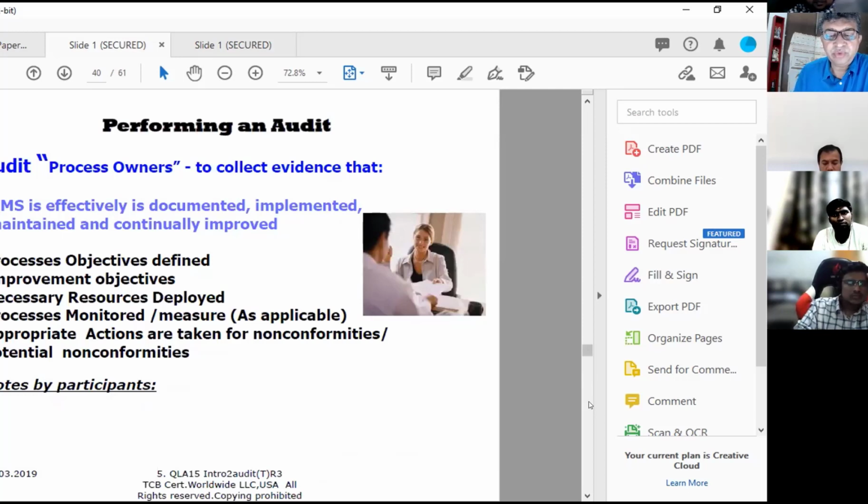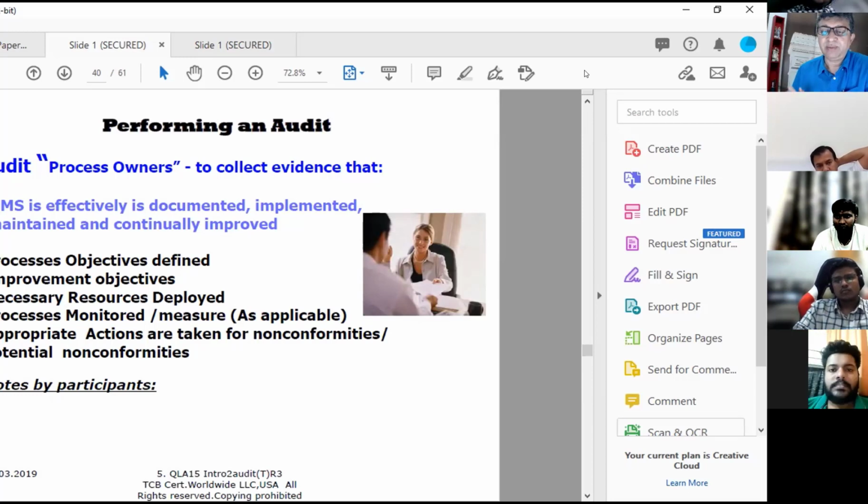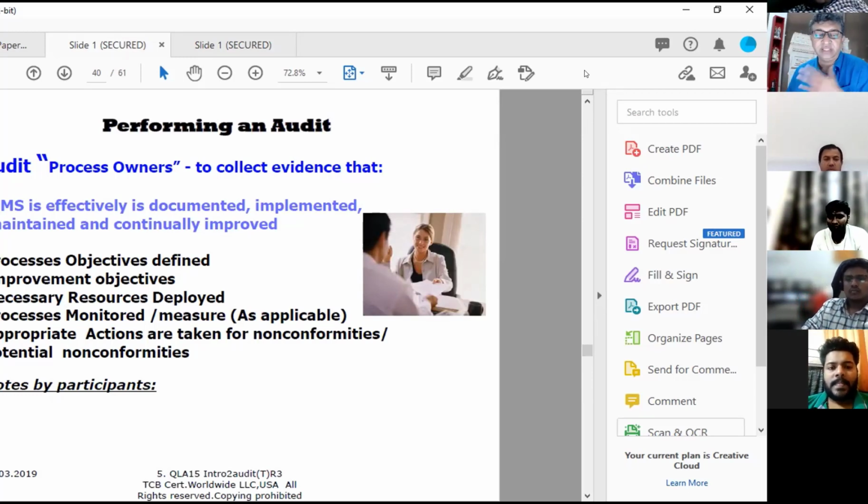When we are performing an audit, we have to perform it with the process owner. For example, Abdul, you are responsible for, say, the stimulation service. You know the ins and outs of it. So for the stimulation, you are the person to be contacted and audited. And you can say, I am also involved, Navid is also involved, Ajit is also involved in this and that.